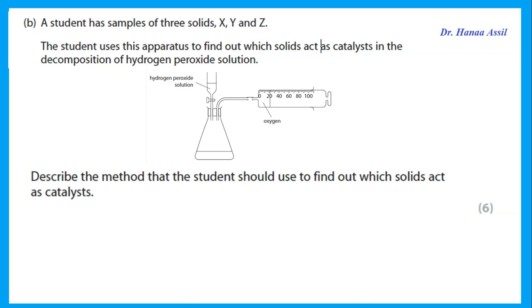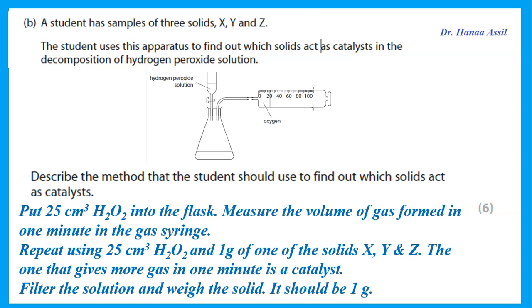So that means we're going to put a specific amount of H2O2 into the flask. So for example, specify 25 centimeter cubed of H2O2 into the flask. First, we're going to leave it without adding any catalyst, without adding any solid. So measure the volume of gas formed in a specific amount of time, for example, in 1 minute in the gas cylinder.